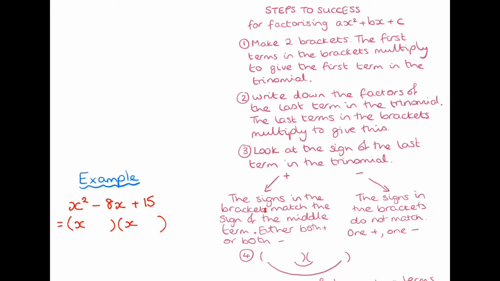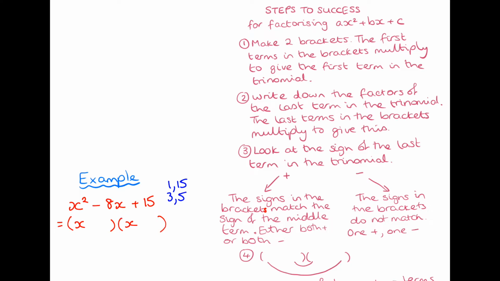Step 2: write down the factors of the last term in the trinomial. The last terms in the brackets are going to multiply to give this. Our last term is 15, so we'll write down the factors of 15: 1 and 15, and 3 and 5.